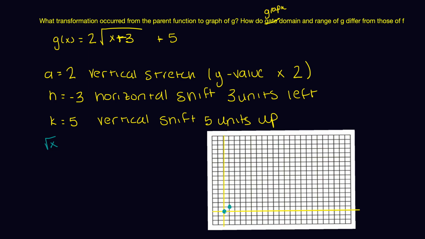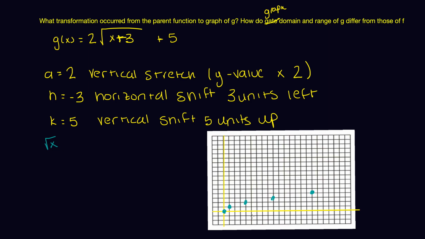The square root of 2 is some ridiculous decimal. 3 is the same, but the square root of 4 is 2. 5, 6, 7, 8 are the same, but 9 is 3, and each block is 1 unit. That's 9, 10, 11, 12, 13, 14, 15, 16. 16 is 4.